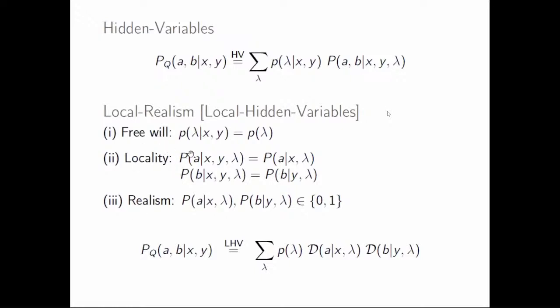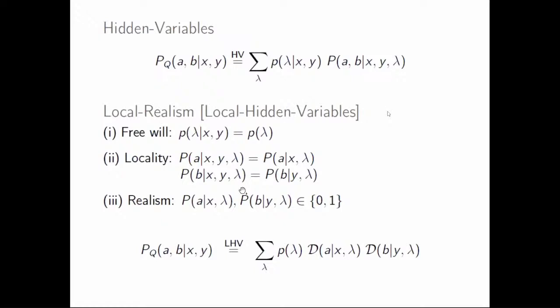The first one says that the state of the system lambda is not correlated with the measurement. So what measurement I perform is uncorrelated with the state of the system. This is a free will assumption, also called the measurement independence assumption.